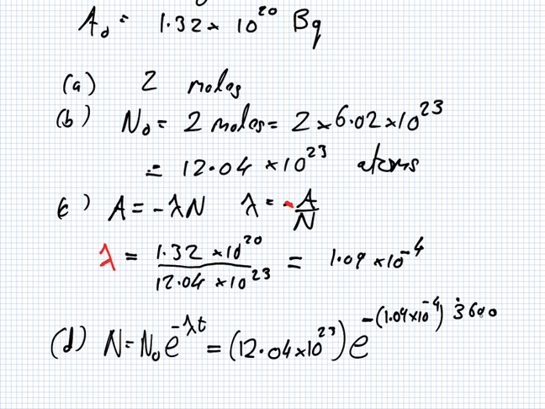Where did you see problems like this? Do you remember when we did exponential in semester 1? We did problems like this. Okay, so calculator time. So after 1 hour, how many atoms do I have of iodine?